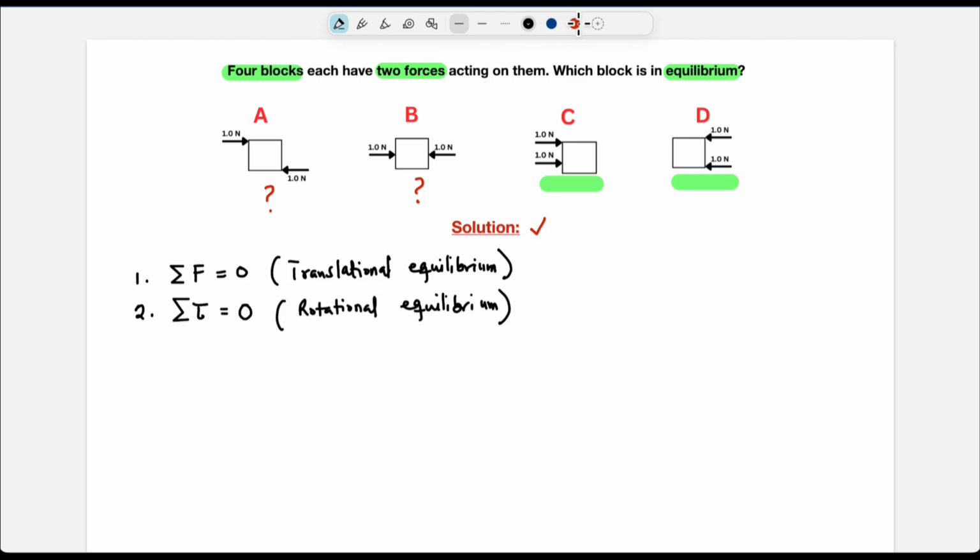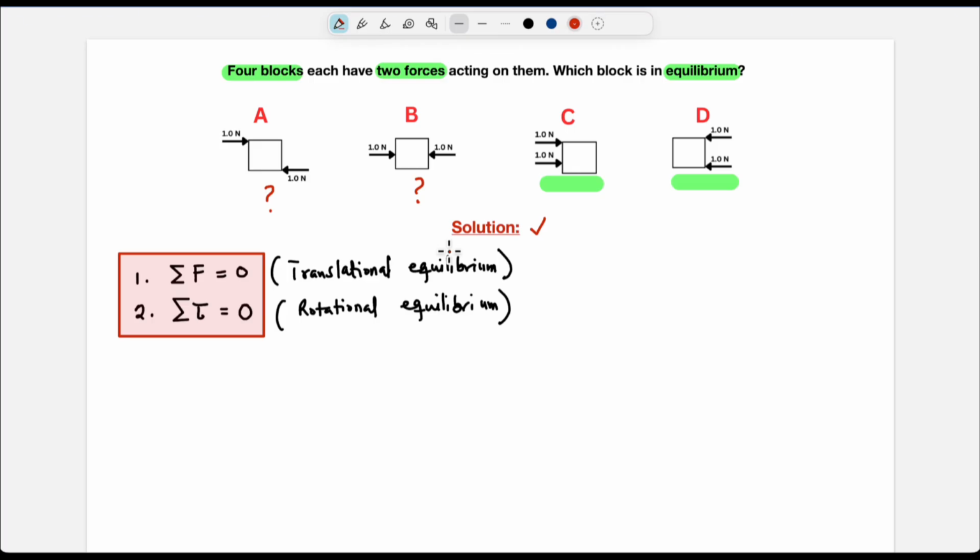These are the 2 conditions for static equilibrium to hold. First, the net force acting on the block must be 0, and second, the net torque acting on the object must be 0. In simple terms, for each block that we look at, there shouldn't be any translation, there shouldn't be any rotation as a result of these forces acting on the block.